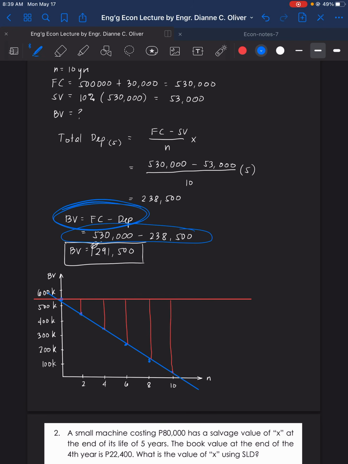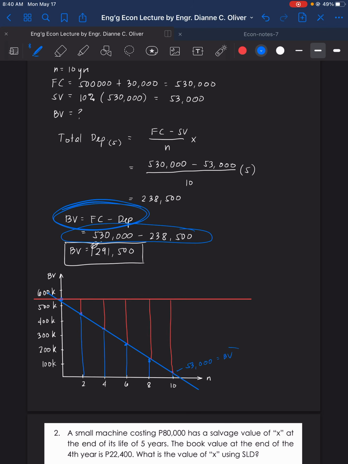So as time goes by until it reaches the end of the life of the equipment, this is the book value for the equipment. Second year, the fourth year, the sixth year, the 8th year, and the 10th year. So the book value of the equipment lessens as time passes by until it just reaches the 53,000 book value.